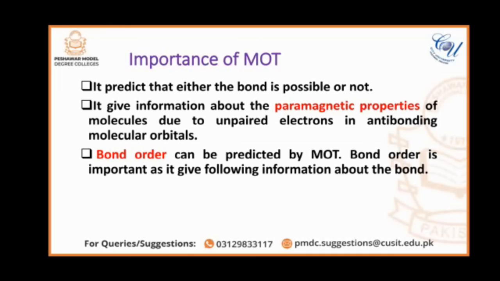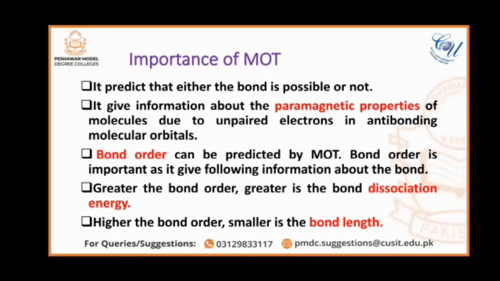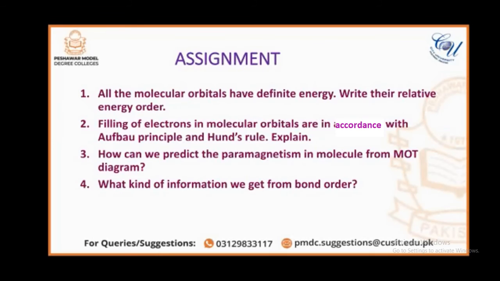Bond order is important as it gives the following information about the bond. The greater the bond order, the greater the bond dissociation energy. The higher the bond order, the smaller the bond length. I hope you understand this topic.